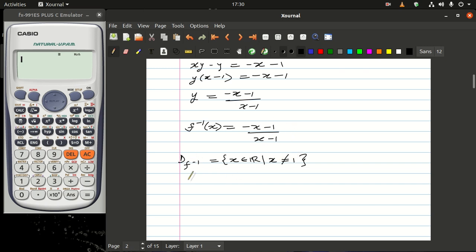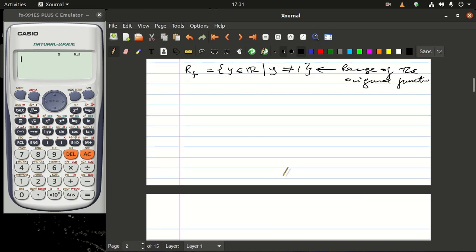Now, if I replace this and say I want this to be the range of the original function, y is an element of real numbers such that y is not equal to 1. This one here is the range of the original function. Right, so this is the correct answer that we were looking for.